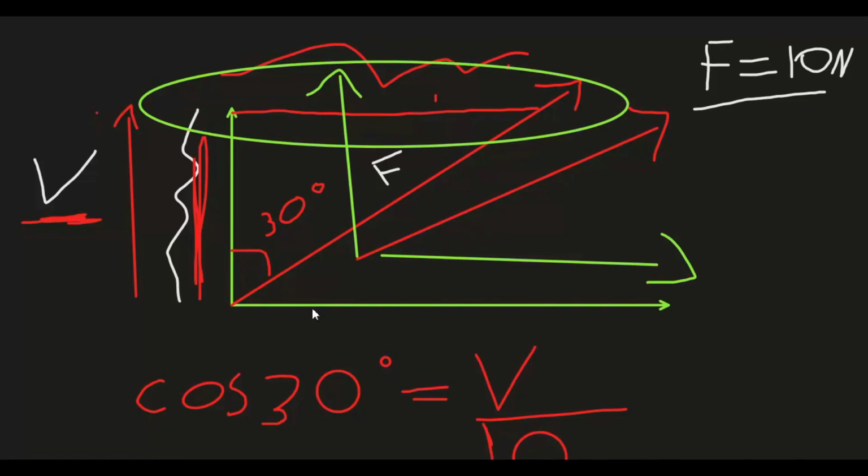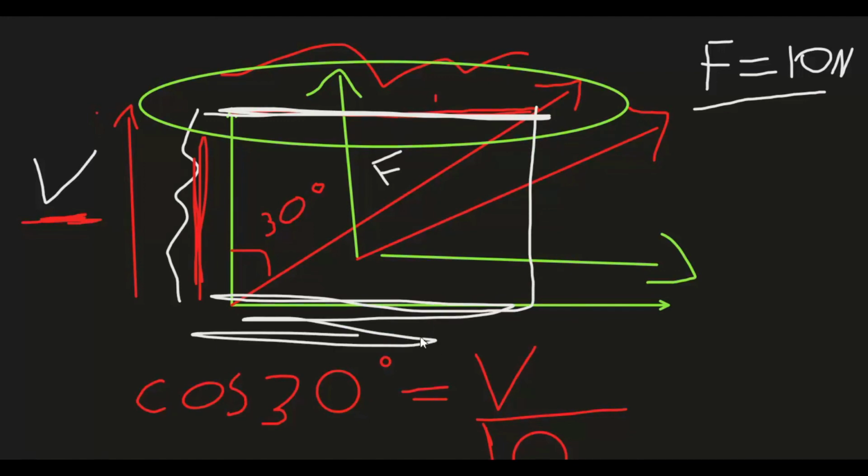And you see this force here, the magnitude of this force and the one we draw here is the same, because this distance, or let me use a different color, I think that will be better. Suppose this distance here is actually equal to this distance here, right? It's the same distance.